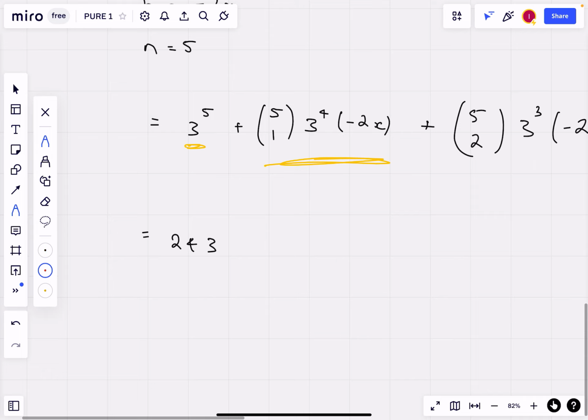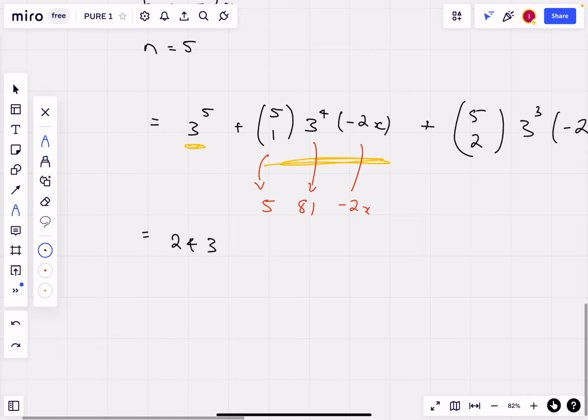First, work out 5c1. 5c1 is just 5. 3 to the power of 4 is 81. And then minus 2x. 5 times 81 times minus 2 gives us minus 810.